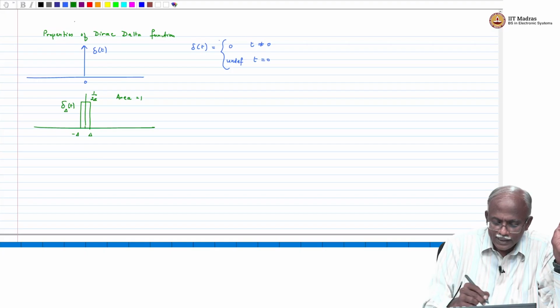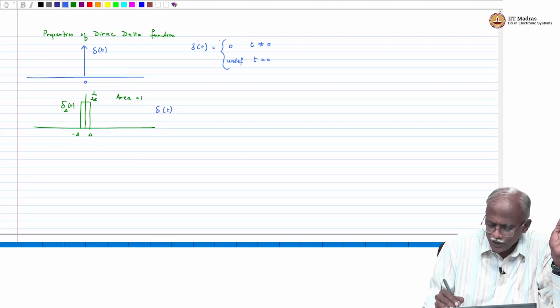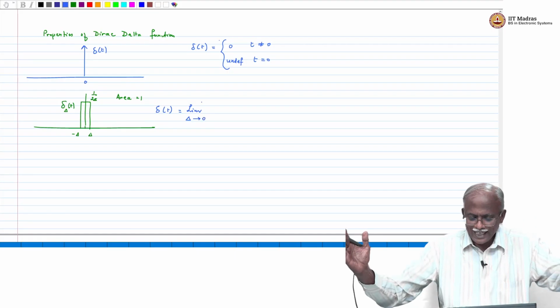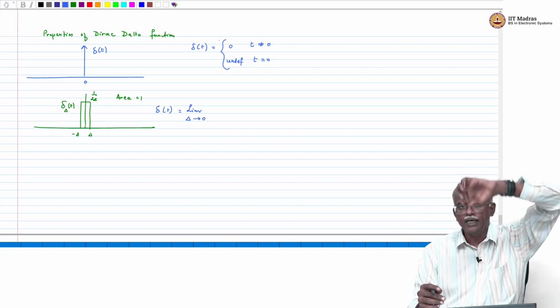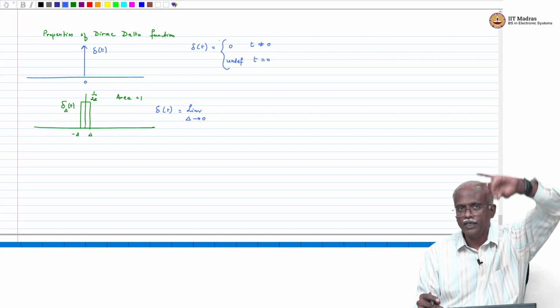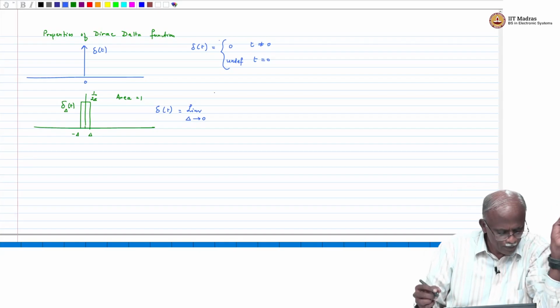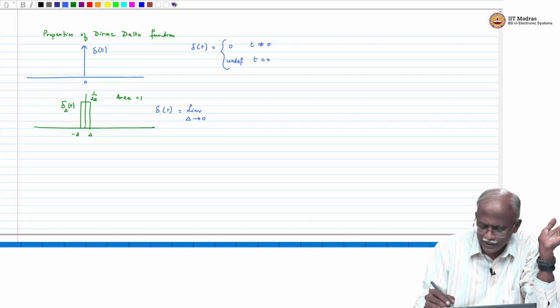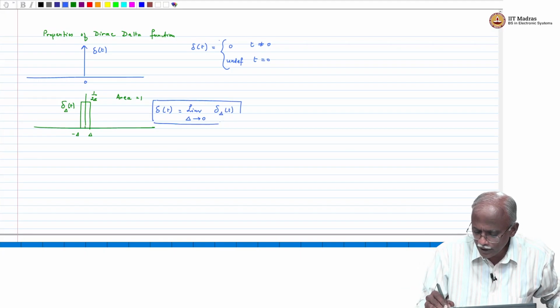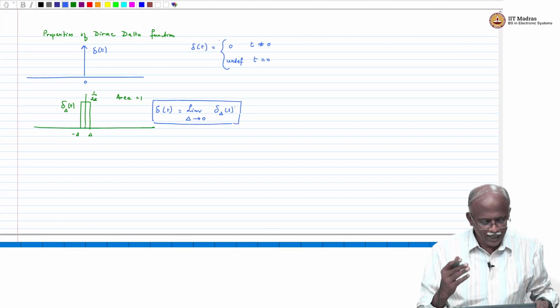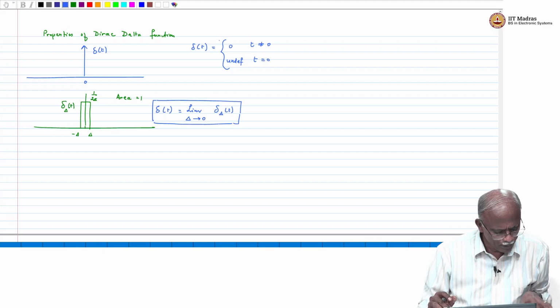Now the Dirac delta can be visualized as what happens in the limit when these deltas tend to 0. As these deltas come closer, to keep the area constant, the height of the rectangle will keep increasing. Eventually these two will collapse to a single point and the impulse will go to infinity. But this is a useful representation of delta delta of t. This is a way for you to visualize and keep track of what exactly the Dirac delta is doing, and therefore this is an important aspect.